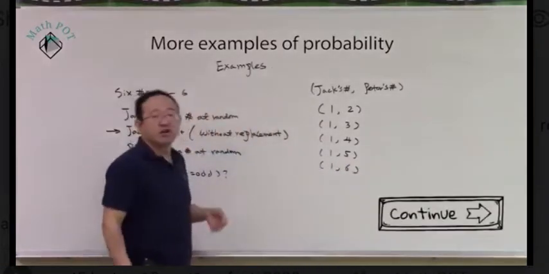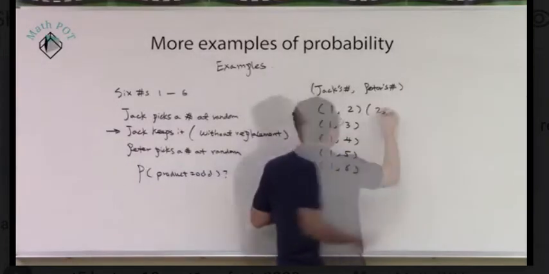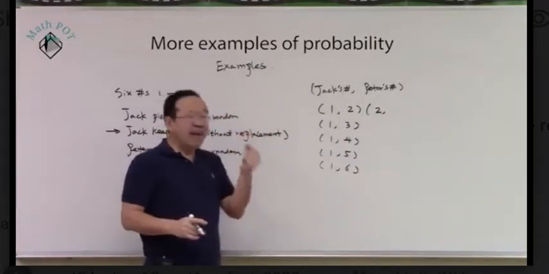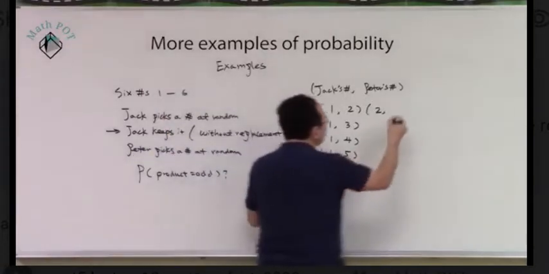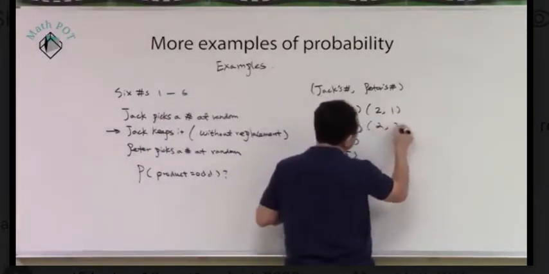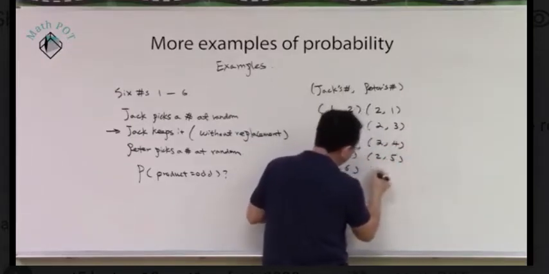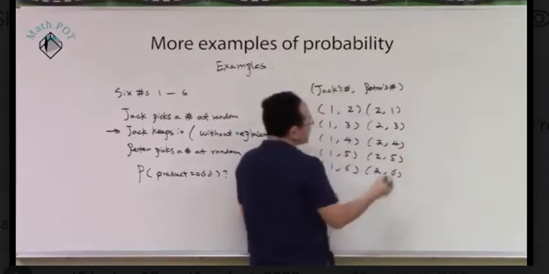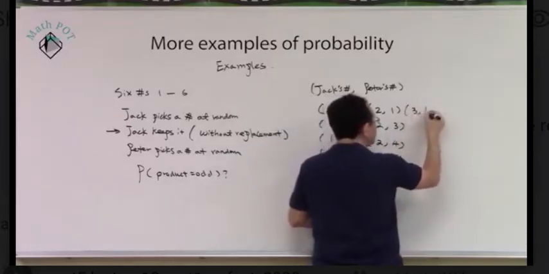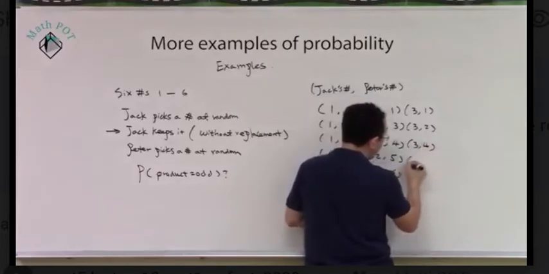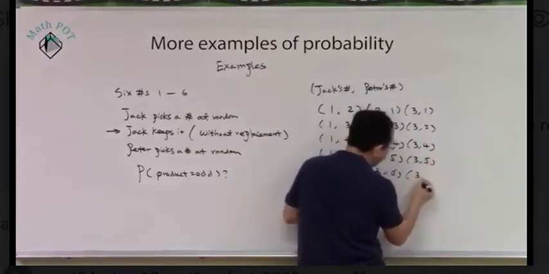So continue. How about Jack's number is 2? Clearly Peter's number is anything but 2, because Jack kept that 2. So that means it could be 2 1, 2 3, 2 4, 2 5, and 2 6. Continue. How about the first number is 3? 3 1, 3 2, not 3 3, could be 3 4, 3 5, and 3 6.